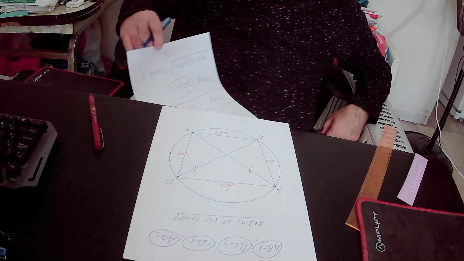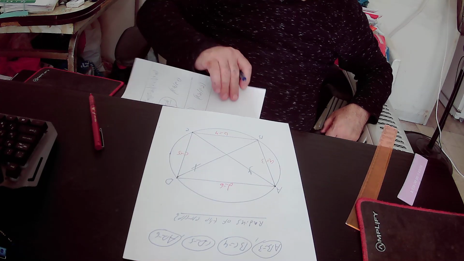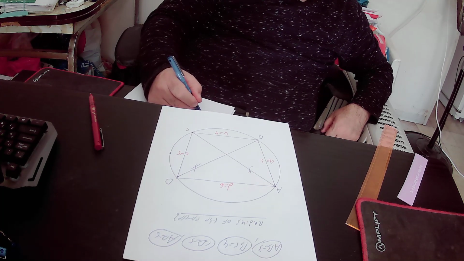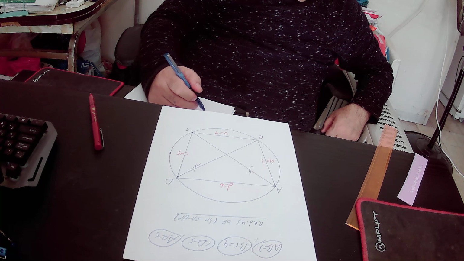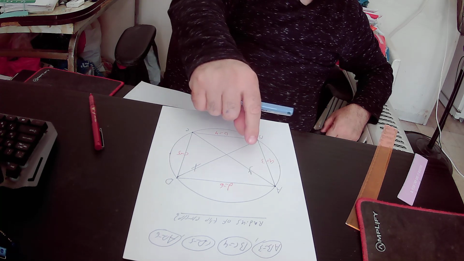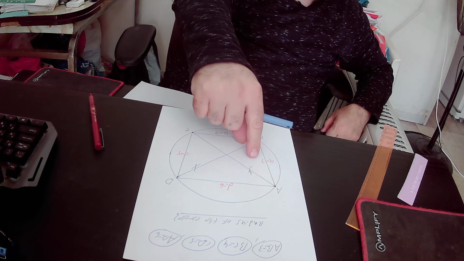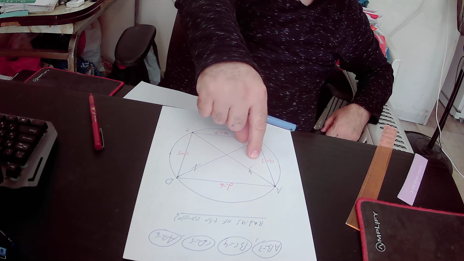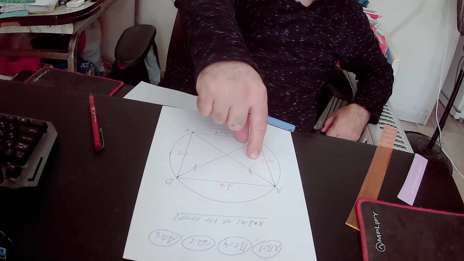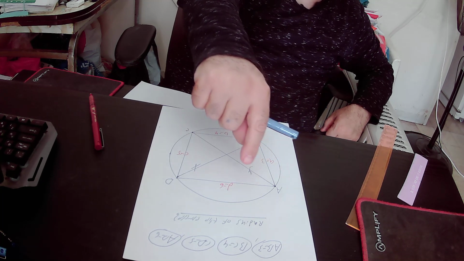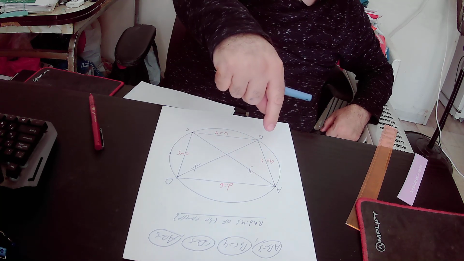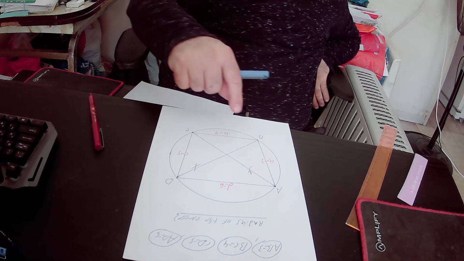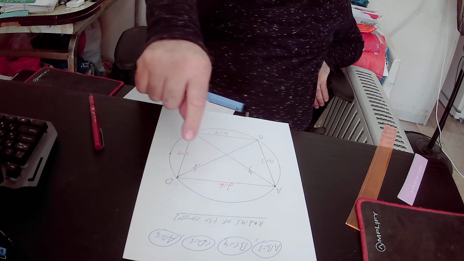And we have also rule number 3. If we focus on triangle ABC, this triangle, according to rule number 3, triangle ABC is inscribed in this circle.